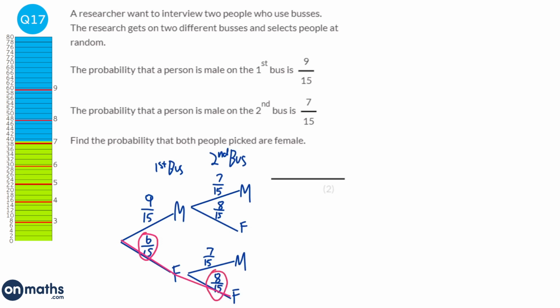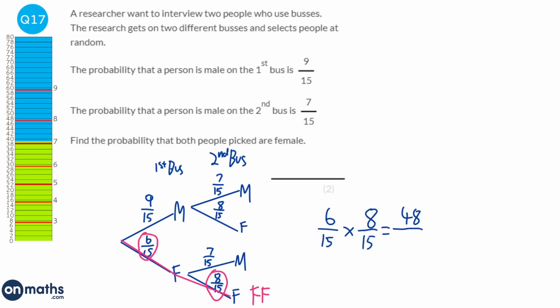The word "and" in probability means times. So whenever you're finding the probability of getting to an outcome, so this outcome will be FF, because they're both female, you are multiplying the fractions that you go across. So it would be 6 over 15 times 8 over 15. So 6 times 8 is 48.